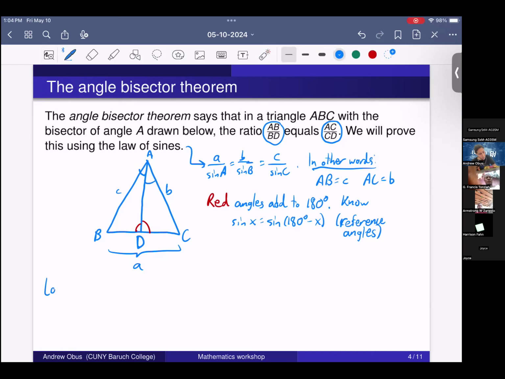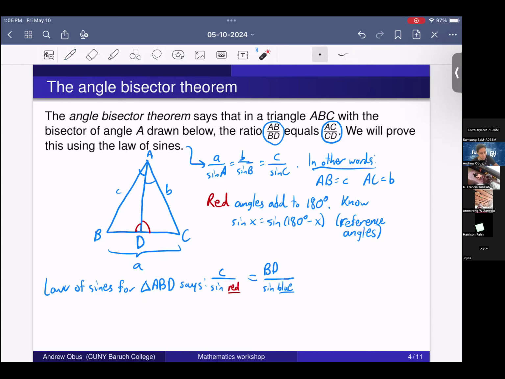So what do we have? The law of sines for triangle ABD says that C over sine of the red angle is equal to BD over sine of the blue angle, because C in ABD is opposite the red angle.